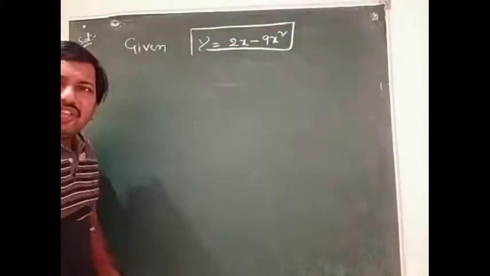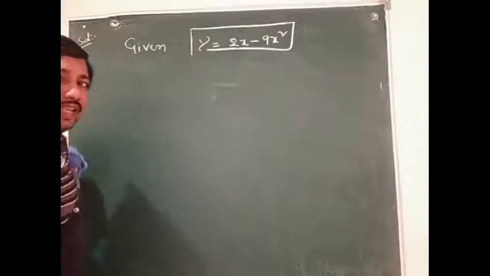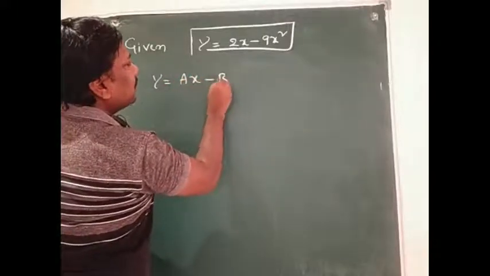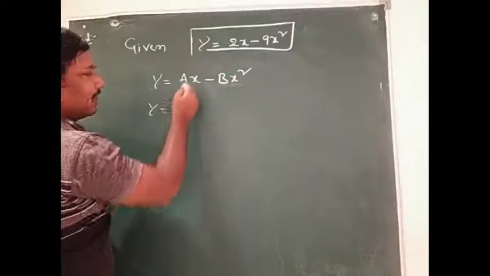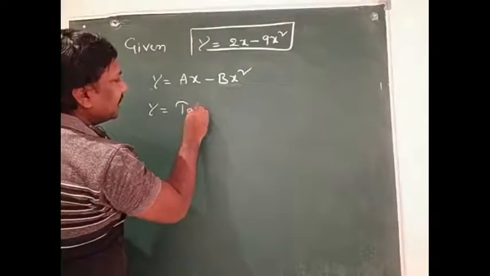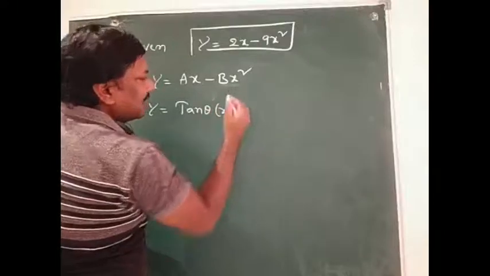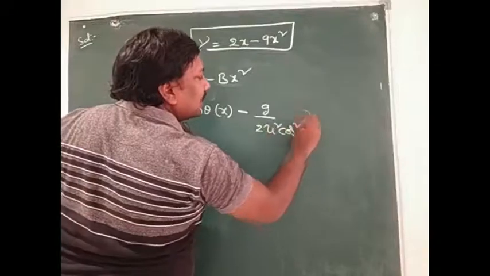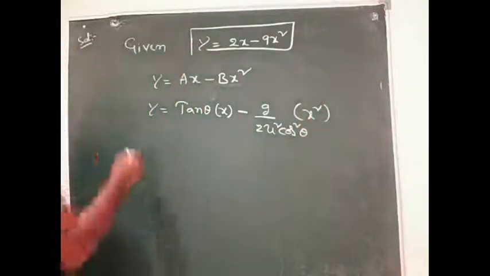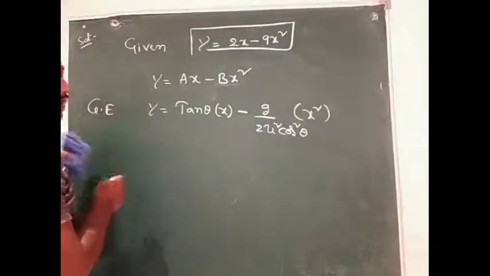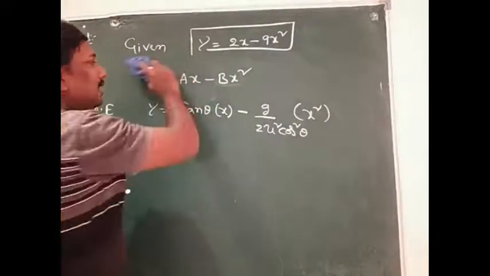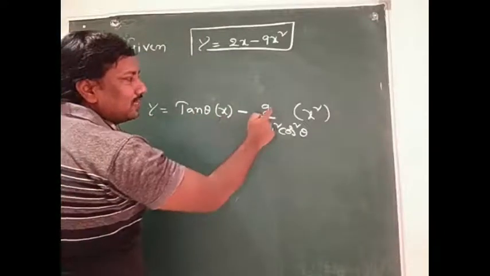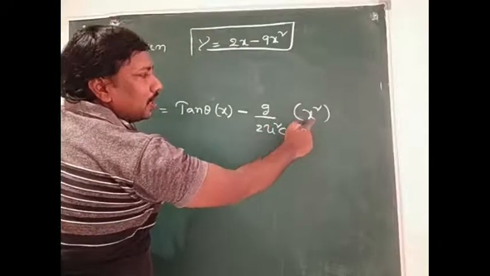We know that in the case of oblique projectile motion, the trajectory equation y equal to ax minus bx square can be written with a meaning tan theta, and b meaning g by 2u square cos square theta. So this is the general equation of the trajectory in oblique projectile motion. Therefore y equal to tan theta into x minus g by 2u square cos square theta into x square.